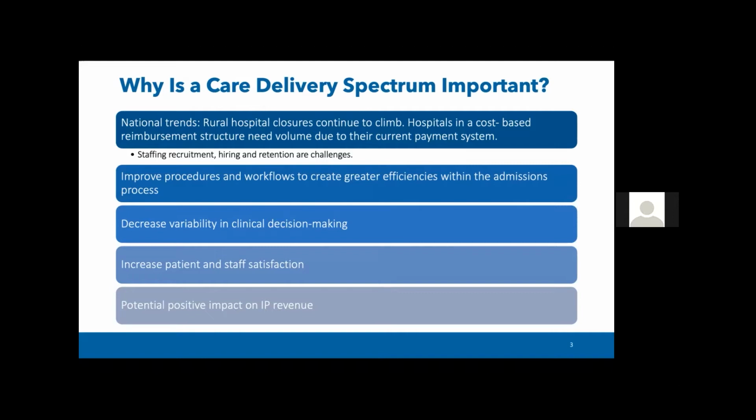There's also going to be a decrease in the variability of clinical decision making. You may have a hospitalist that tends to admit a higher level of acuity patient into your swing bed program.